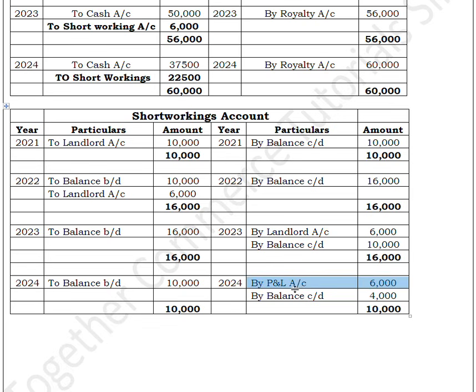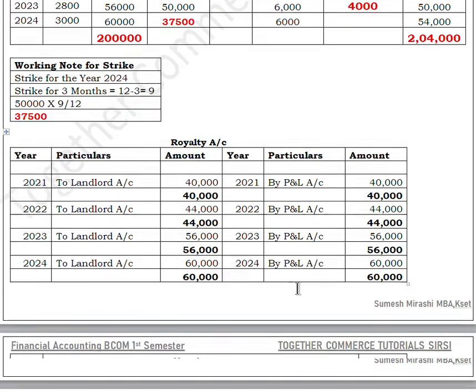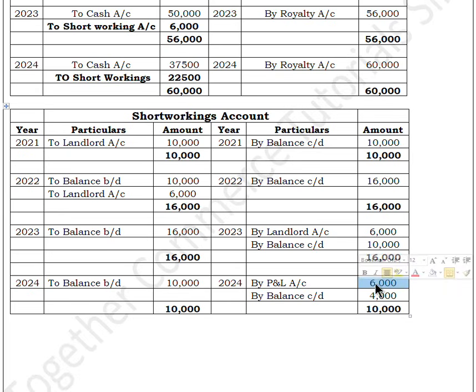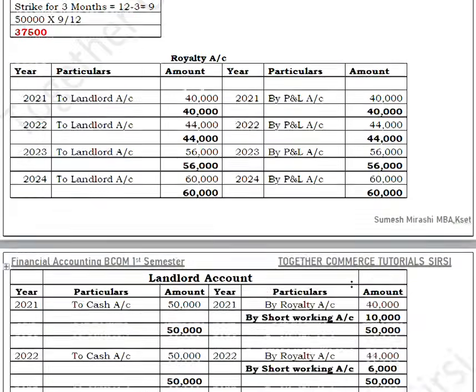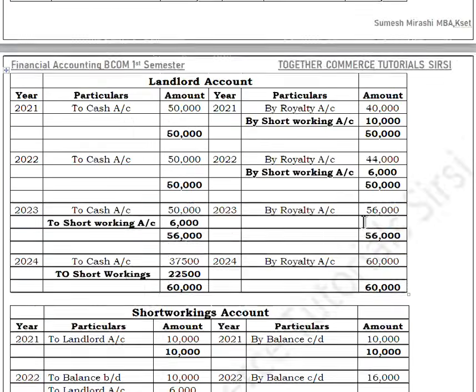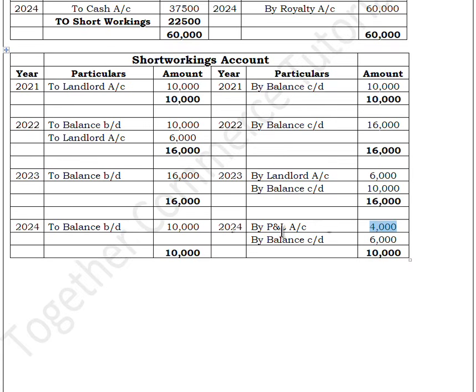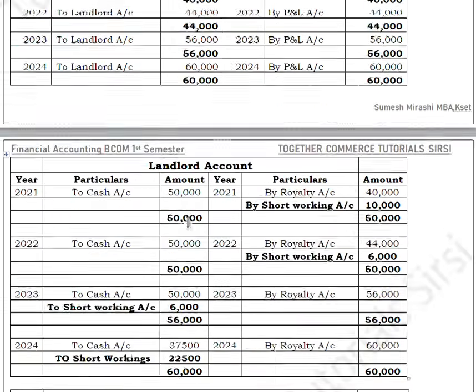So this P and L account 6,000, sorry, this should become 4,000. This should become 4,000. This should become 6,000. Okay, so this by P&L account 4,000 is coming from the table, the irrecoverable. So this irrecoverable 4,000 comes here because it is for the year 2024, right?